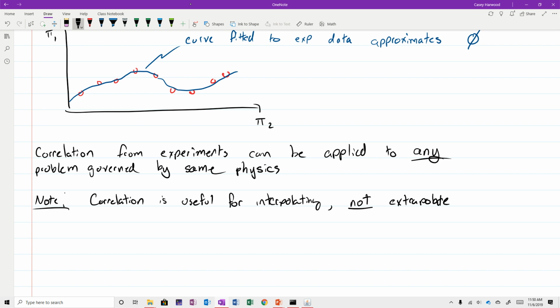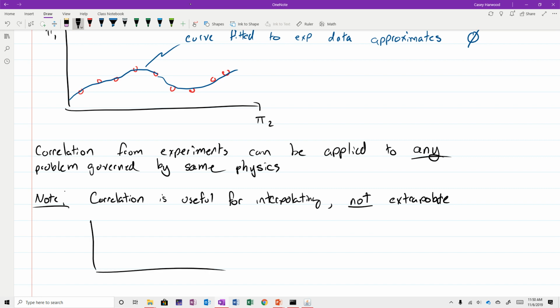What I mean by that is, let's say we've gone into the lab and we've collected some set of data that we can then plot in terms of pi terms. So we've got pi 2, pi 1, and we go ahead and fit a curve to this. At this point, we're fine.